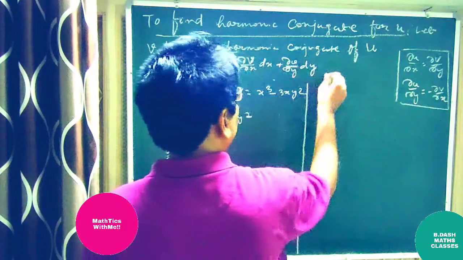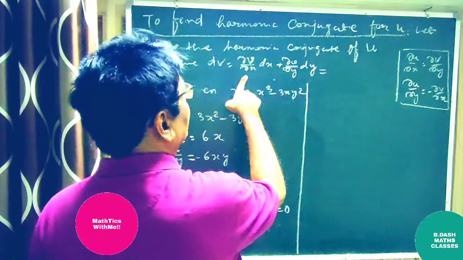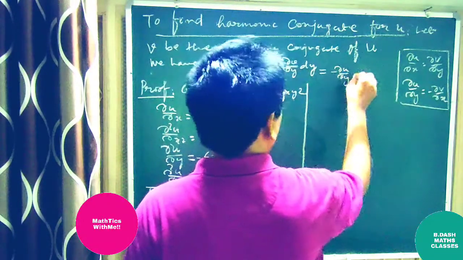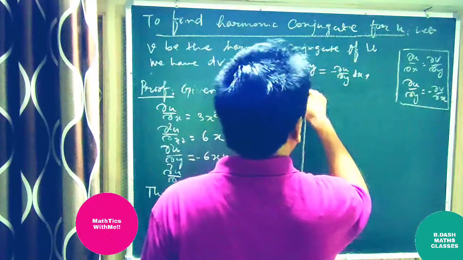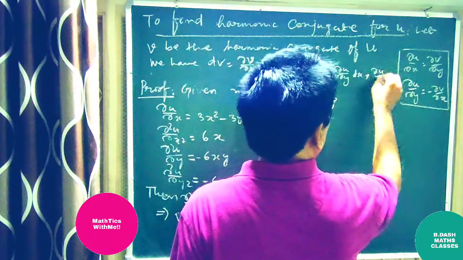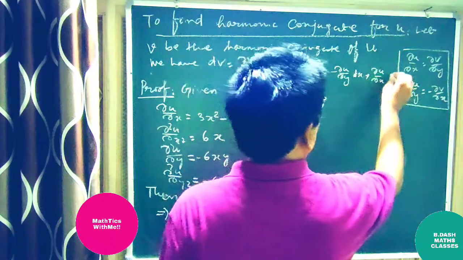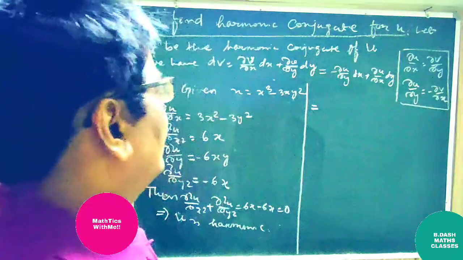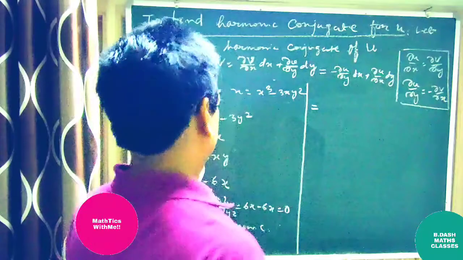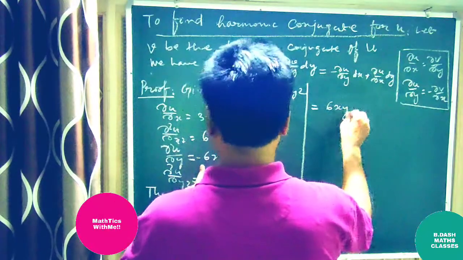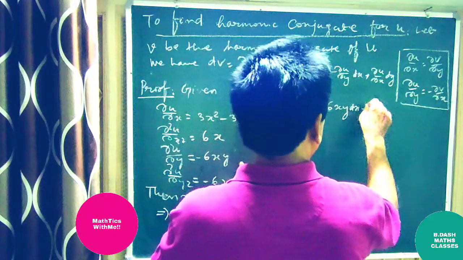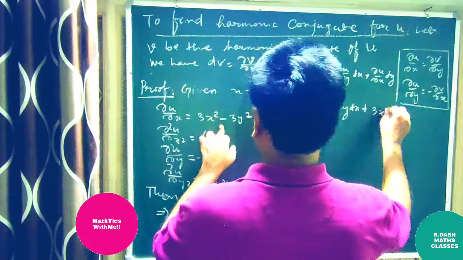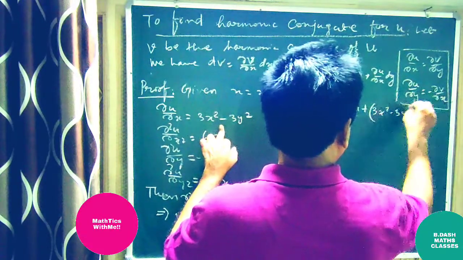So this equals, del v by del x is minus del u by del y, dx. Del v by del y is del u by del x, dy. So now it will be 6xy dx plus 3x square minus 3y square dy.